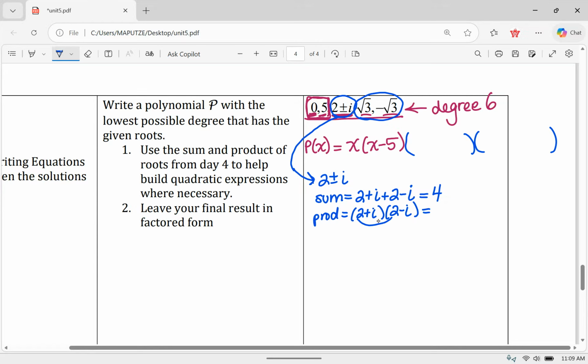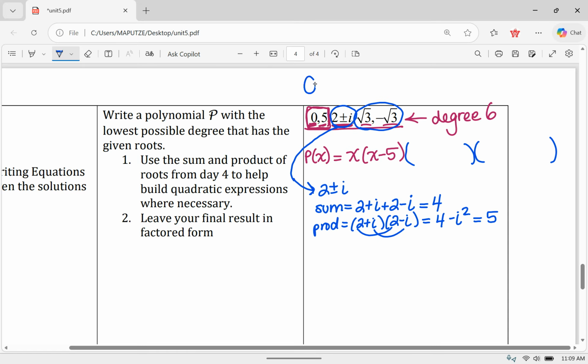Now, they are conjugates, so don't work too hard here. 4 minus i squared, that's really a negative 1, so that's a 5. So, that quadratic I just reminded you of on that previous page says x squared minus the sum plus the product. Okay, so that's for that set.